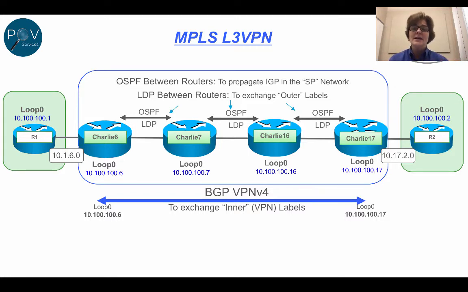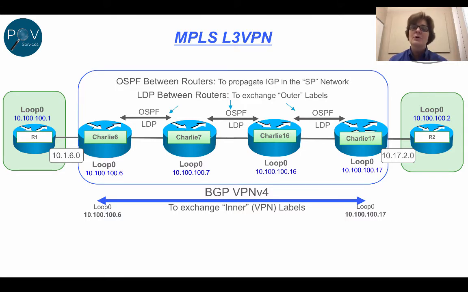So let's go ahead and look at this. We have one BGP connection that is up between Charlie6 and Charlie17. Admittedly, as you saw already, we have an external BGP connection between Charlie6 and router 1 and between Charlie17 and router 2. For right now, put that off to the side. That doesn't actually help us as far as the labels are concerned.